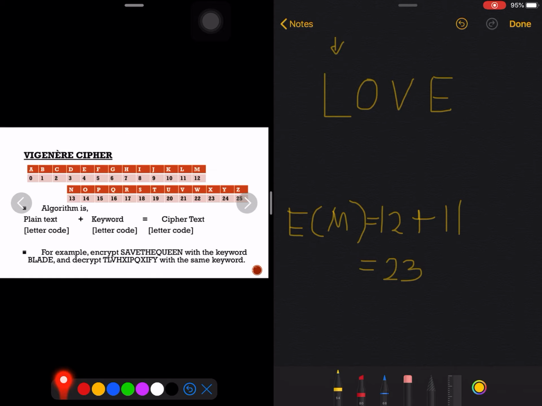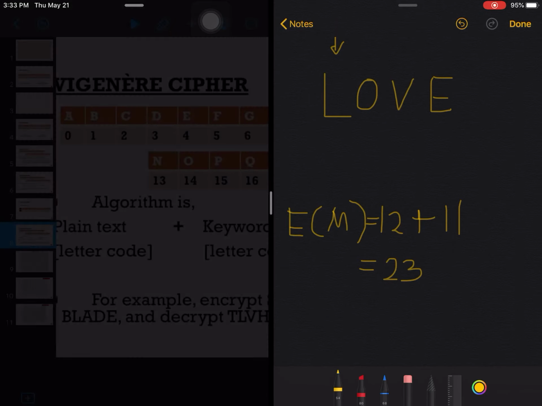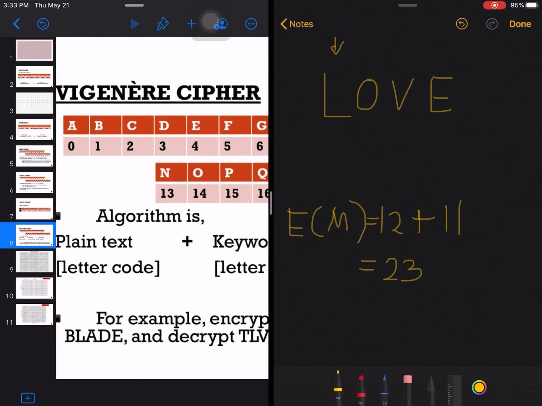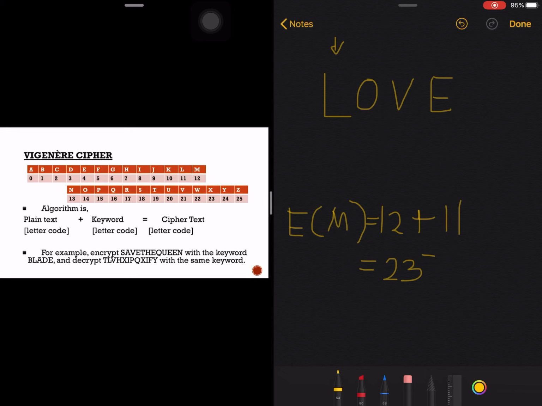Whatever the answer is, still we are to apply modulo 26, and 23 clearly is congruent still to 23. You may do calculations like this. Yeah, it's fine. Many ways to kill a cat.